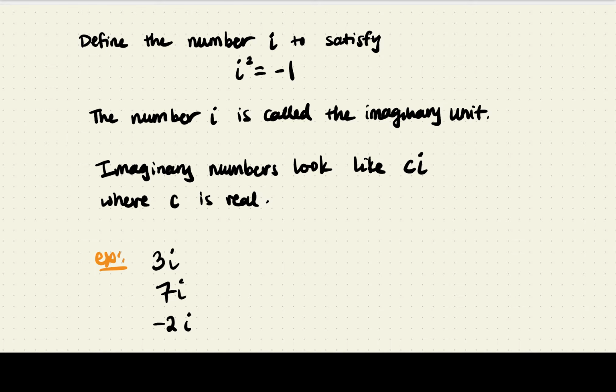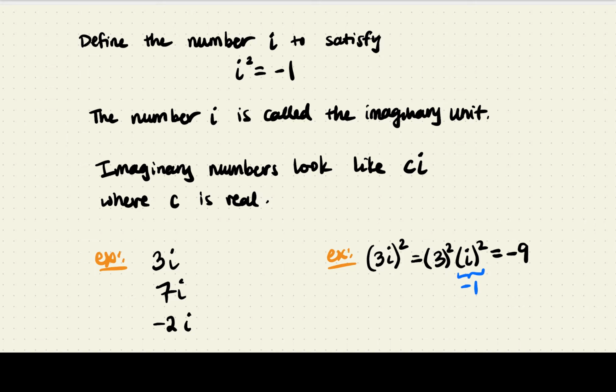These are all imaginary numbers. And notice that if you square an imaginary number, let's say if I took 3i squared, well, that would be the same as doing 3 squared times i squared. Notice that i squared is equal to -1. So really we've got 3 squared times -1, and that gives us -9.